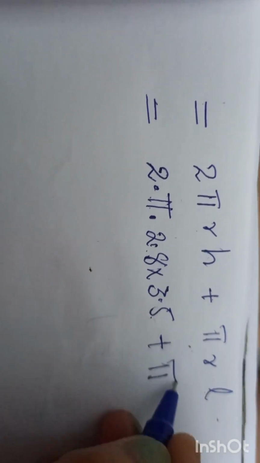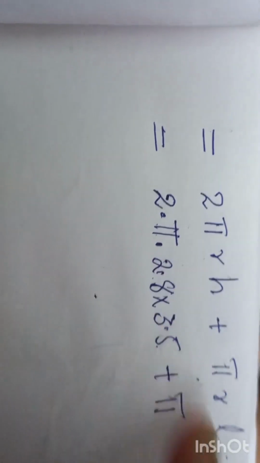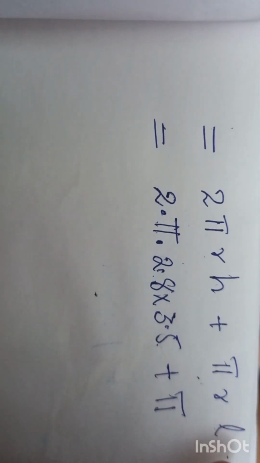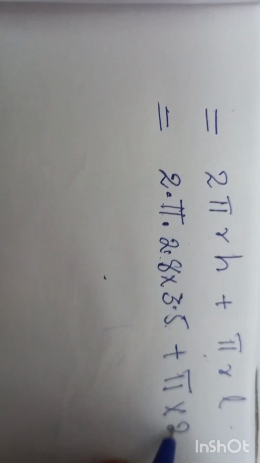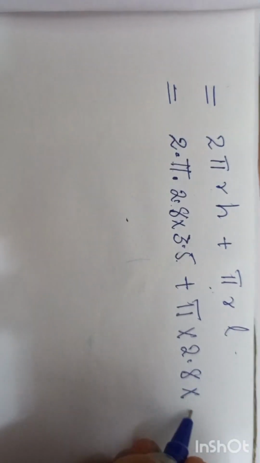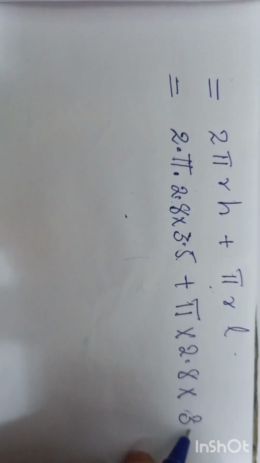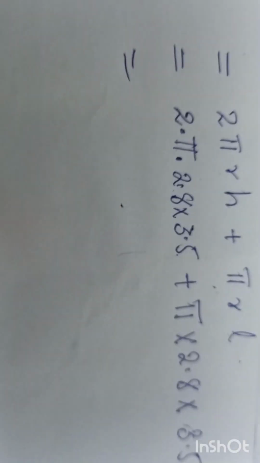pi r, the base radius of cylinder and cone are the same. So 2.8 into the slant height, we already found it is 3.5. Okay, what is common factor here? Pi into 2.8 into 3.5 is common, so we take it outside.